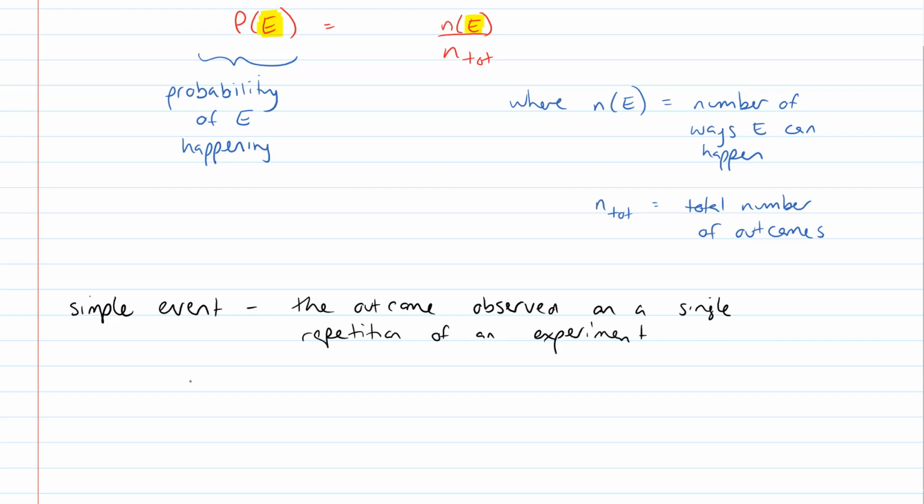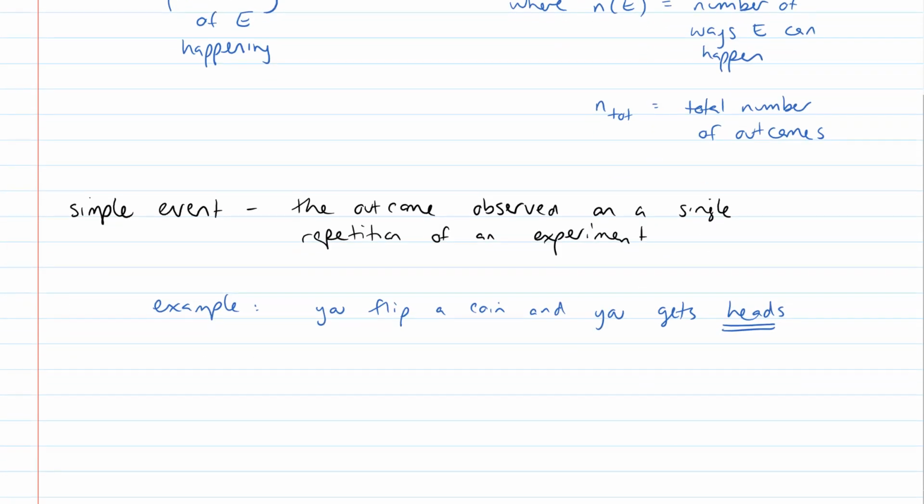So for example, you flip a coin and you get heads. Then heads is your simple event. It is one of the two possible outcomes.